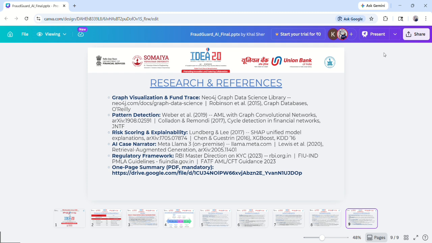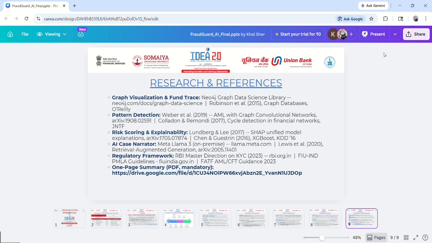Coming to the research and references, our solution is strongly backed by trusted research, industry practices, and regulatory frameworks. For graph-based analysis, we rely on proven concepts from graph databases and financial network studies. For risk scoring and explainability, we use models like XGBoost and SHAP, which are widely accepted in the industry for accurate and transparent decision making.